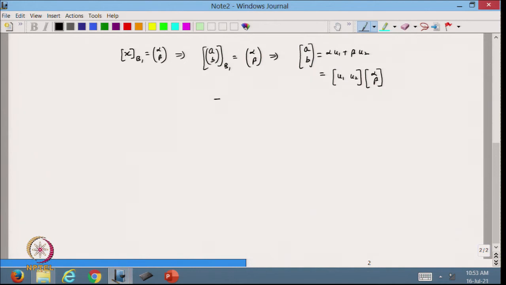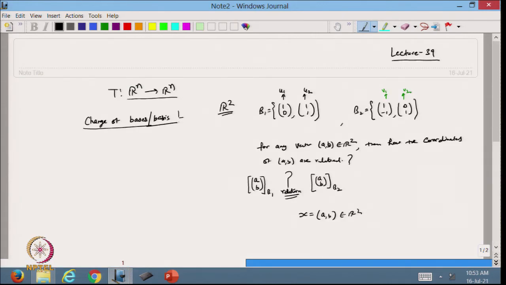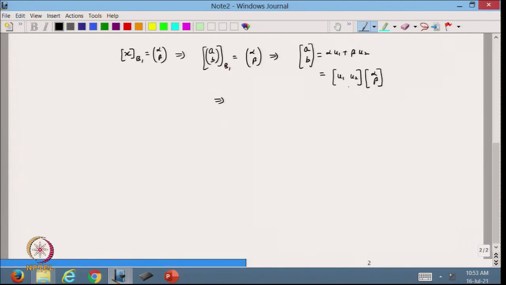So this is my matrix corresponding to the basis B1. I can write that [u1 u2] times (alpha, beta) is equal to (a, b), and (a, b) is my x.